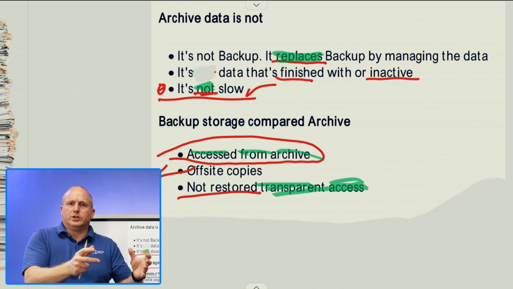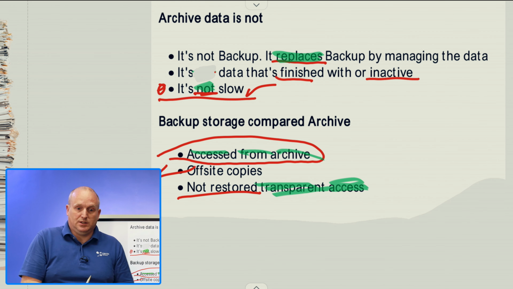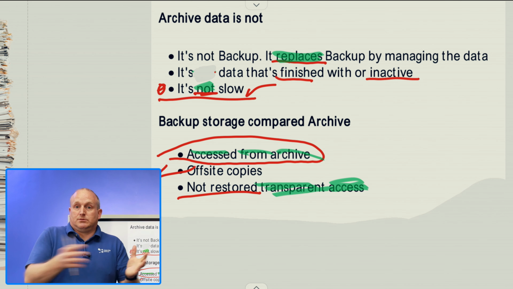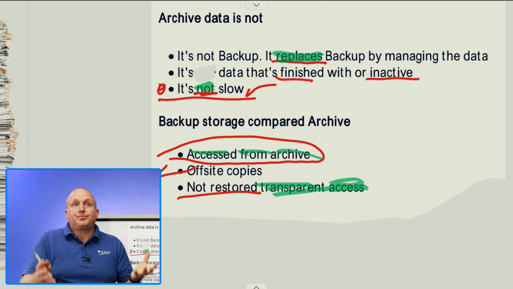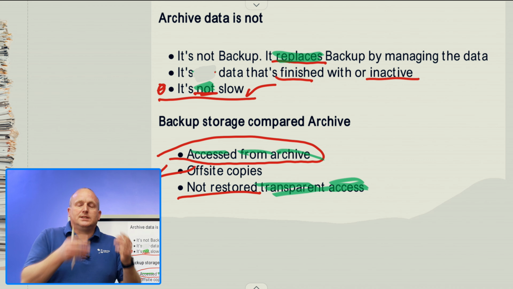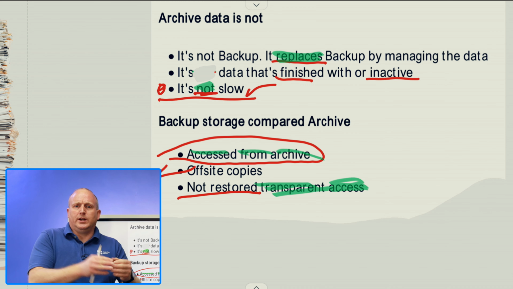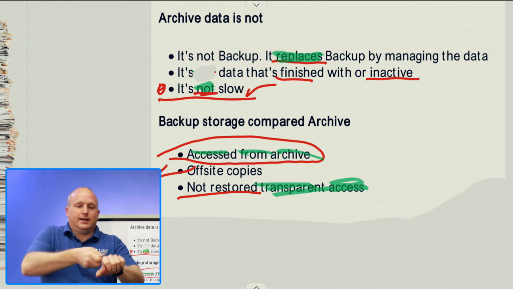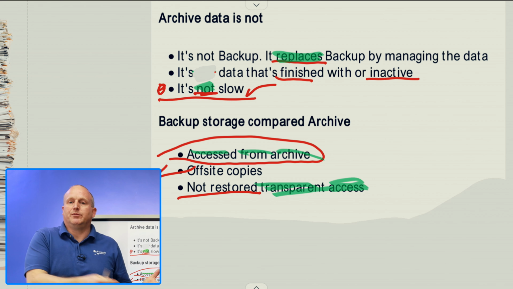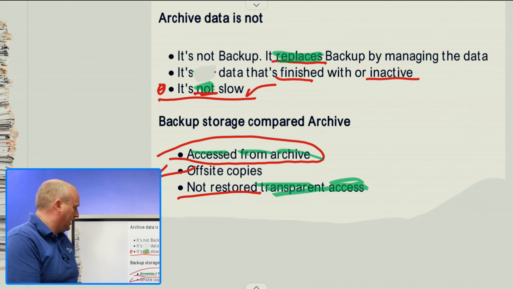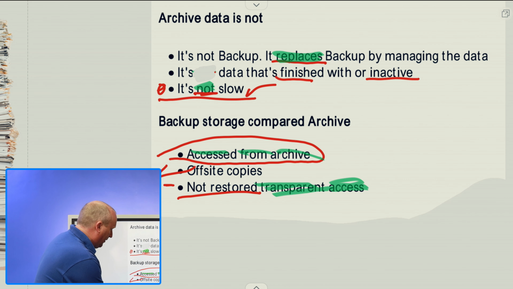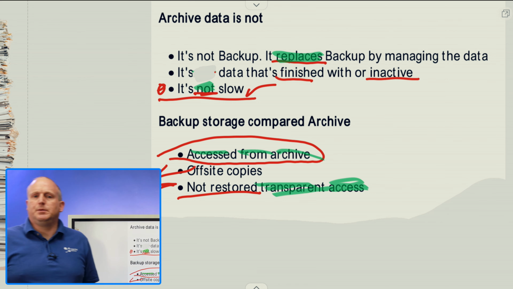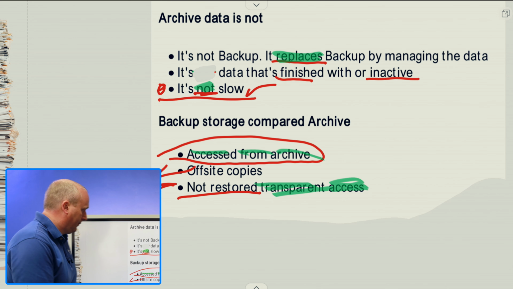The primary storage system, which may be a very fast, expensive enterprise storage solution, appears to still have the file on it, when in fact, when a user gets a file that's not been accessed for a couple of years, it goes off to the cloud, pulls the file back and then passes it back through as if it's come from that storage device. So the key thing with an archive tends to be transparent access.